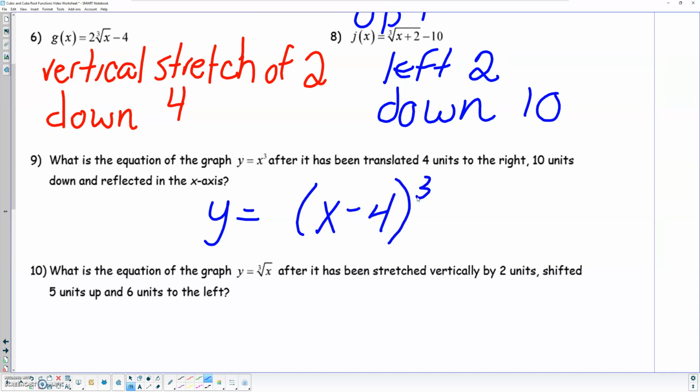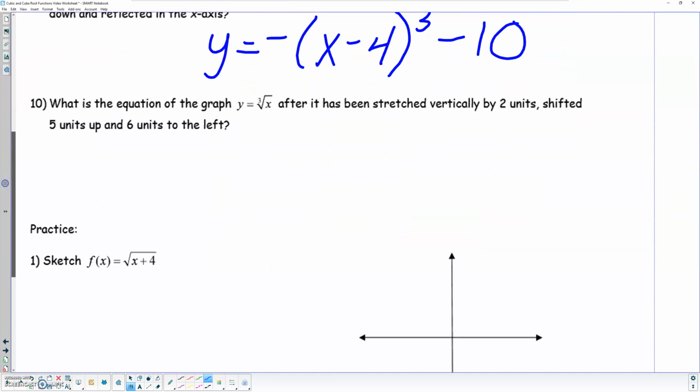In this case, that's going to be inside the parentheses. 10 units down means we're going to subtract 10 at the end. And reflected in the x-axis means we stick a negative in front. Okay?